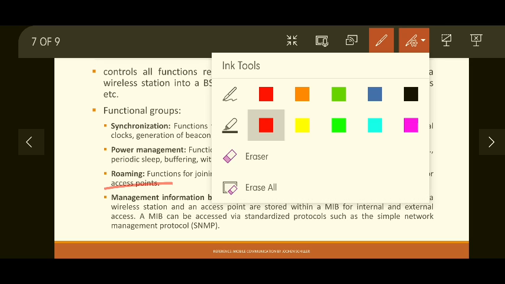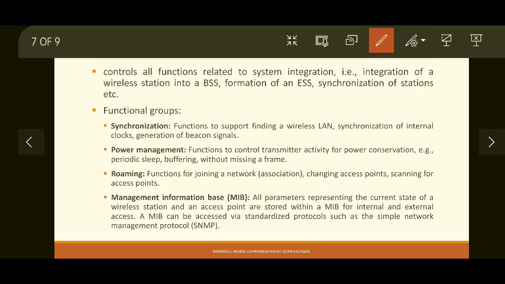And the final functional group is related to management of all the data which is exchanged during all these processes, that is, all parameters representing the current state of a wireless station, whether they are active, whether they are inactive, whether they are currently accessing the medium or not, and the current state of the access point also.